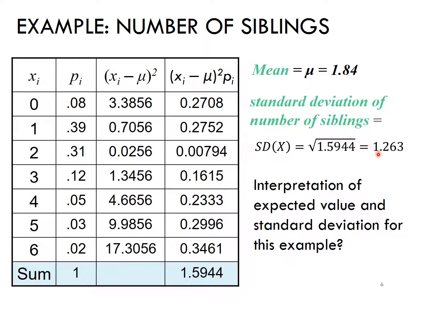How about interpreting the value 1.263? Again, standard deviation is the average distance each observational unit's value is from the mean of the data. That tells us each student's number of siblings is, on average, 1.263 siblings above or below the mean of 1.84.